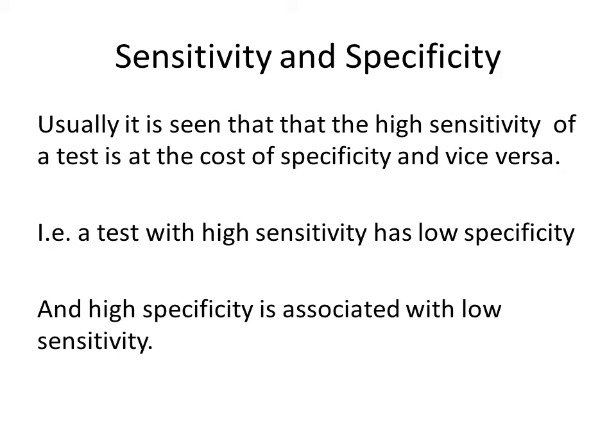And as it is difficult to turn positive, the test may remain negative in some of the mild cases of disease. So there is a high percentage of true negatives, but there is also a high chance of having false negatives. So usually sensitivity and specificity have an inverse relationship, but exceptions are there. Some tests may be high on both sensitivity as well as specificity.